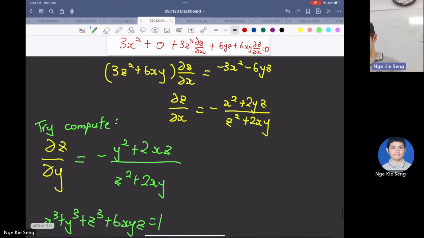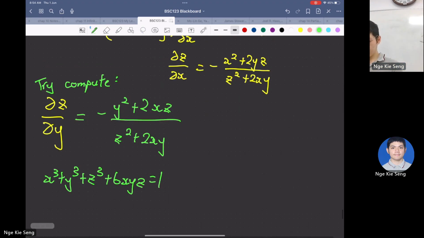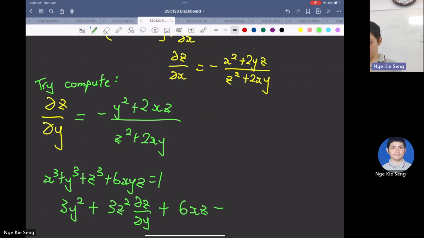Has anyone tried? What's the first line you get? 3y squared plus 3z squared del z del y plus 6xz plus 6xy del z del y equals 0.